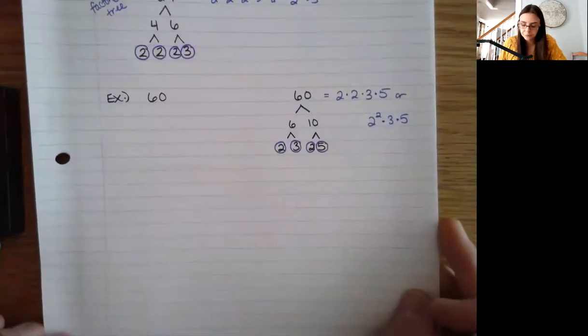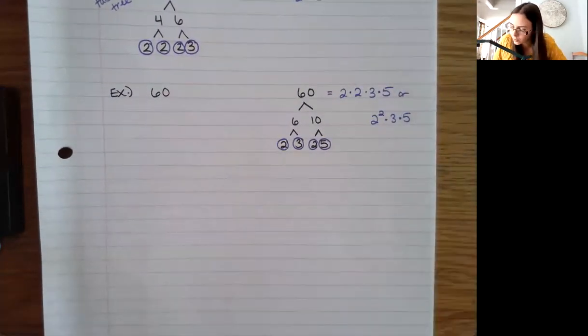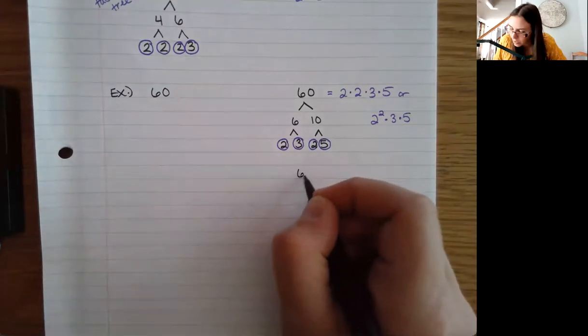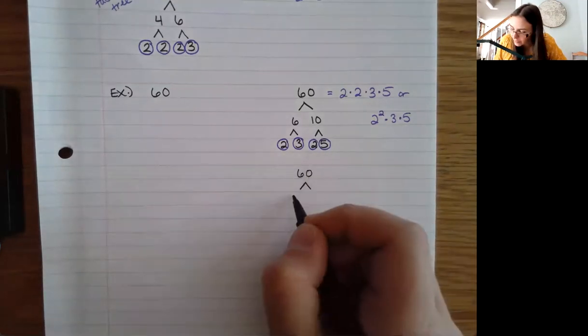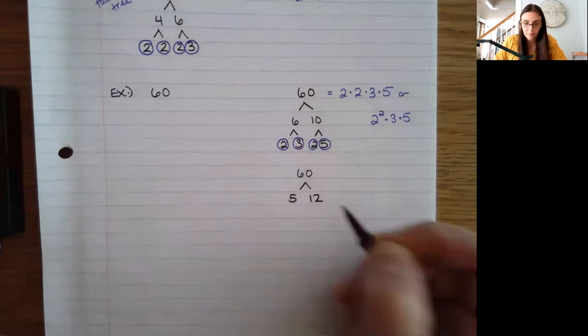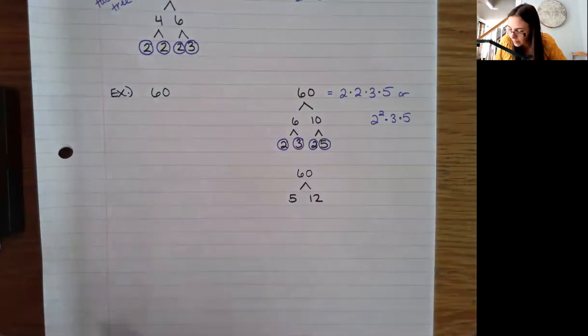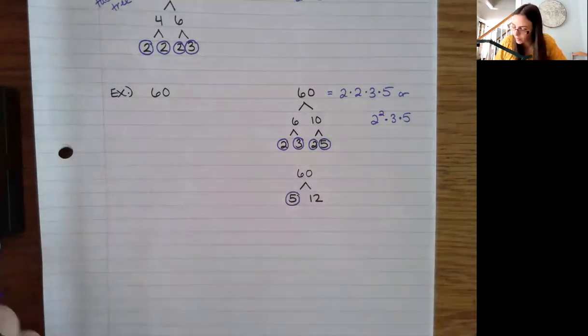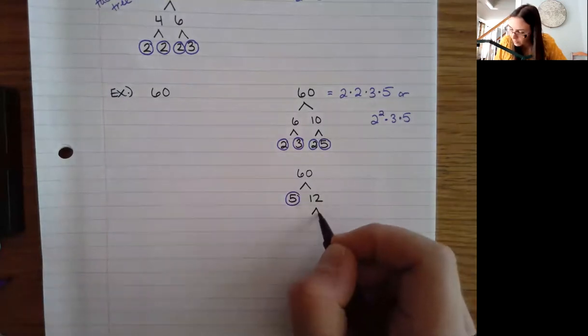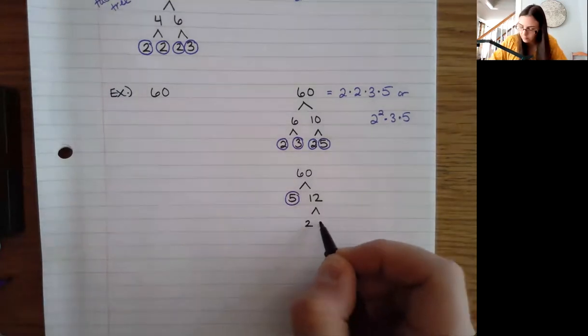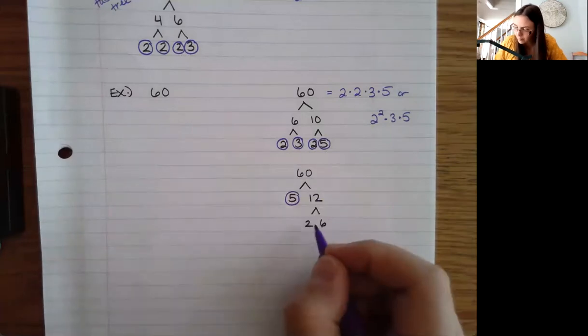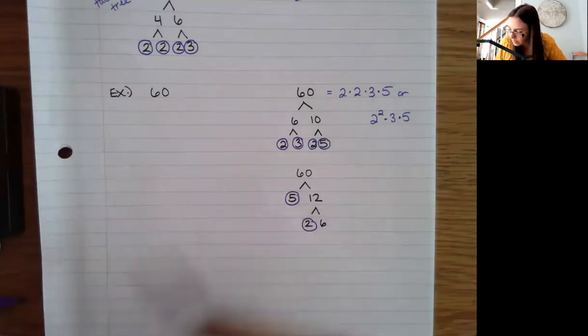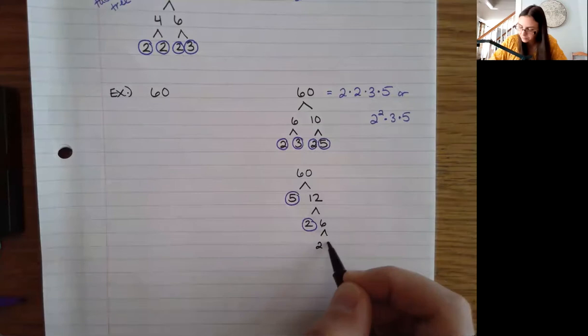Now, as a side note, I do want to show you, let's say you use a different combination here. So let's say instead you started with 5 times 12. Well, 5 is prime, so I can't break that down any further, but I can break down the 12. And 12 is 2 times 6. Now, 2 is prime, but I can break the 6 down into 2 times 3.